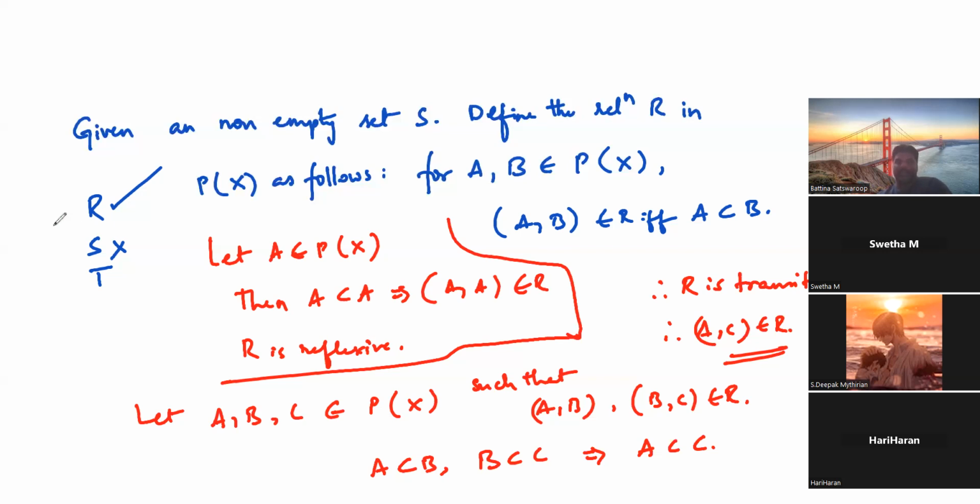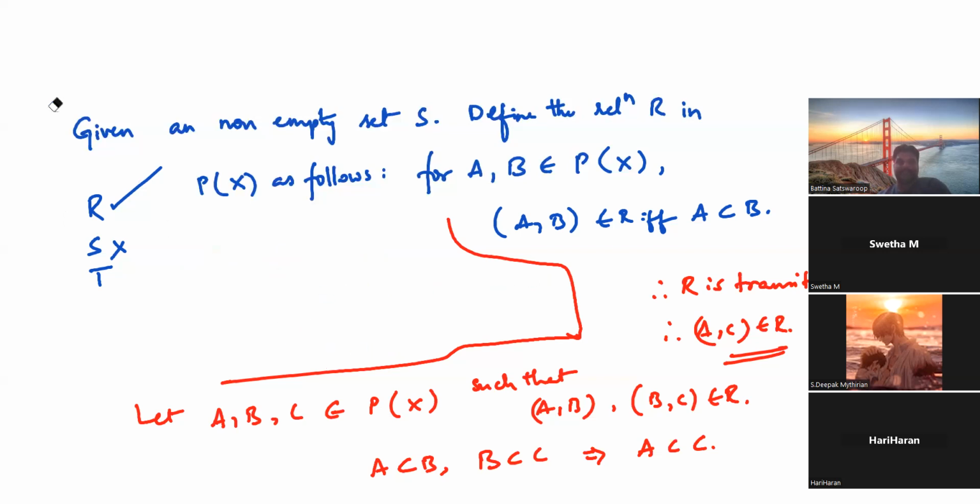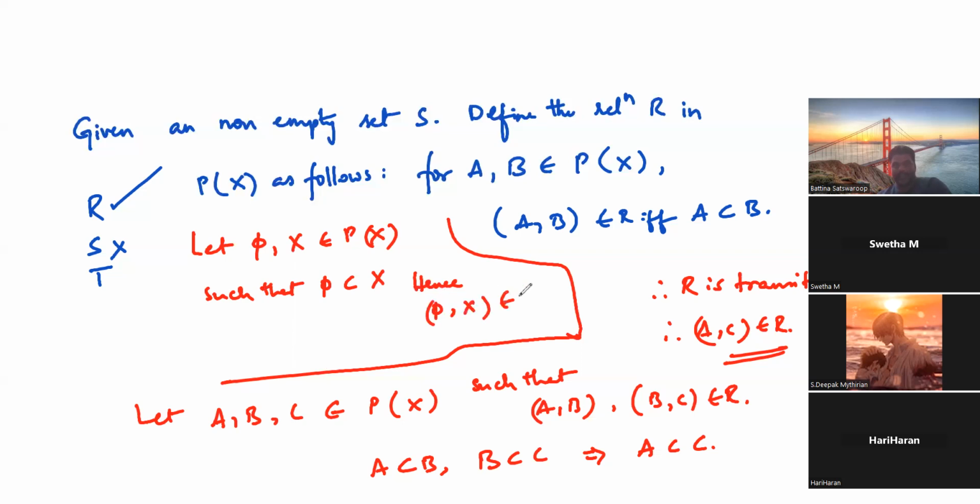Note it down, now I will write. I am writing to show that it is not symmetric. See. Let phi, X belong to P of X such that phi is a subset of X. Hence, phi, X belongs to R. But X is not a subset of phi.